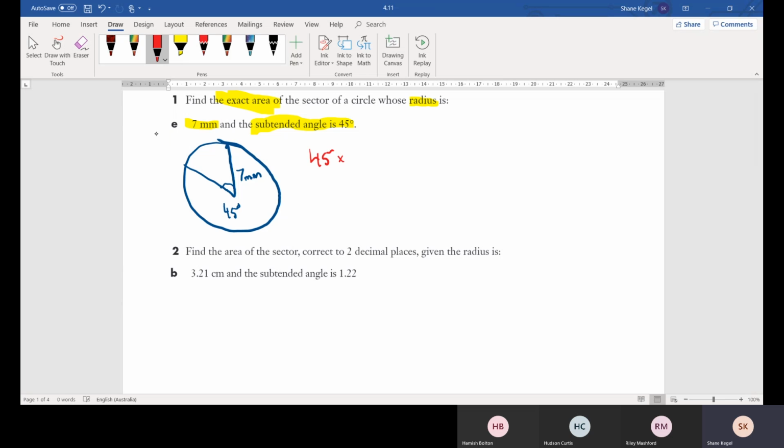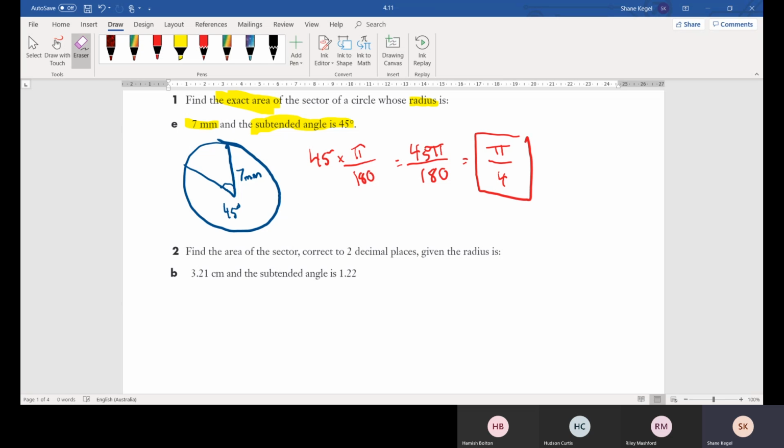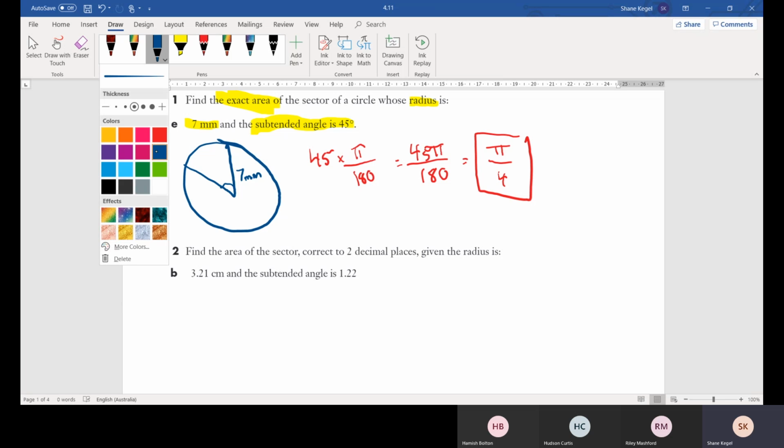To change it into radians, I'm multiplying it by the fraction where radians was on the top, so by pi on 180. So I get my fraction of 45 pi on 180, and then I just simplify through and say that 45 fits into 180 4 times. So pi on 4 is my subtended angle, and I'm just going to swap that out here because it's much easier when we're dealing with pi radians than when we're dealing with degrees.